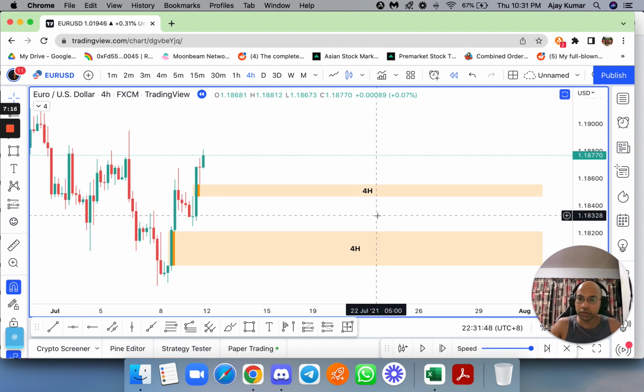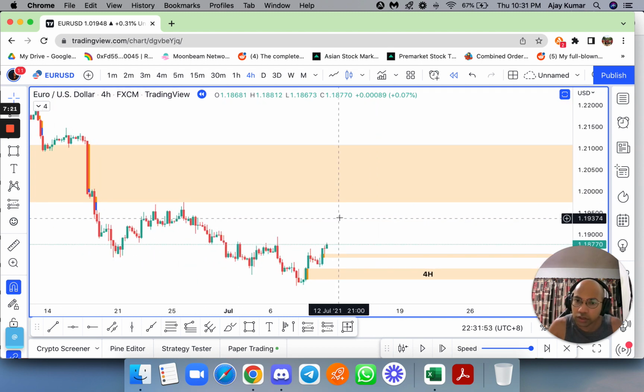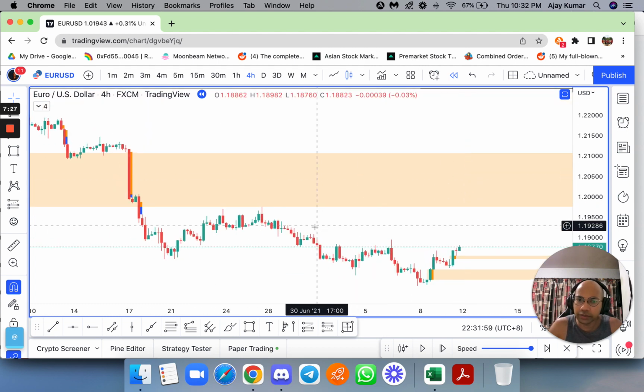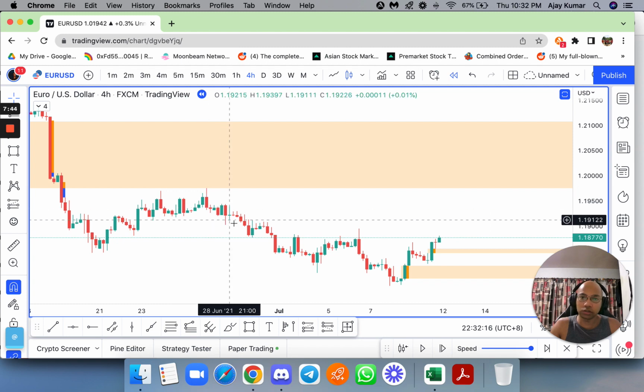Do I see an order block? Nope, not here. Yeah, that's an order block, I guess. Let's inspect. Is this an order block? Is this a bullish candle? No, I don't think so, because ideally I want to see an impulsive price action after a so-called order block.